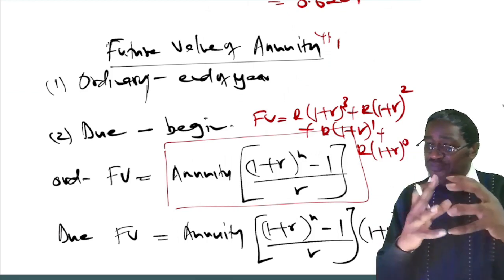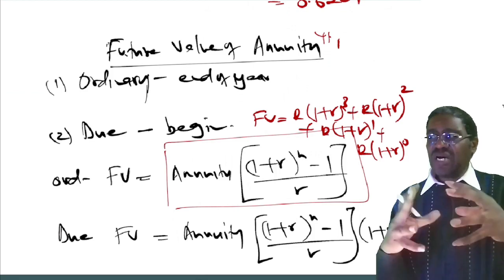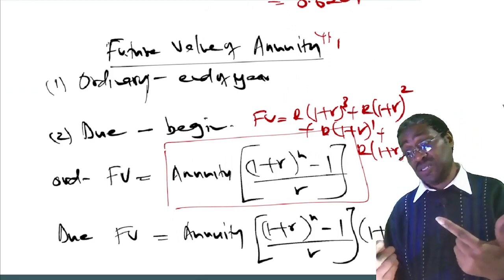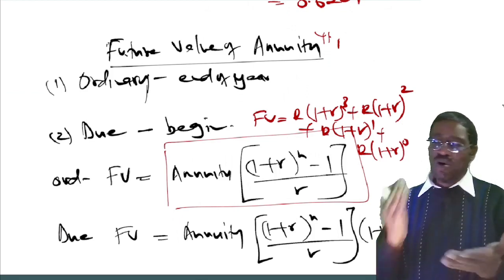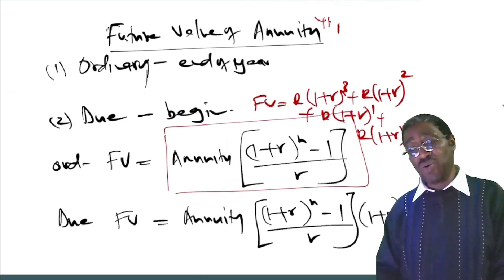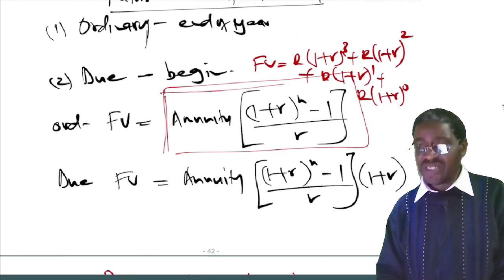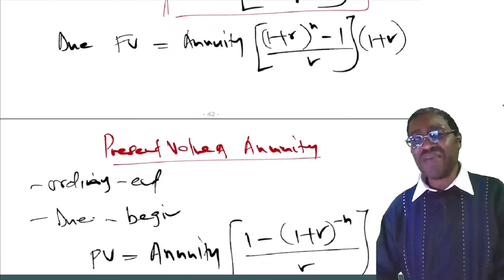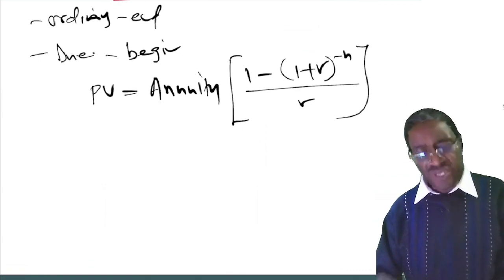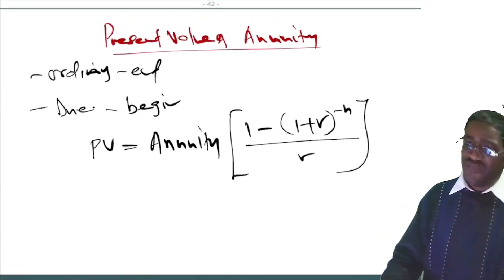So that is, if the question is one where the examiner has given you annuities for a few years, you can use the normal formula of 1 plus R to the power of n if you can't remember these long formulas. Now listen, the same thing also applies for annuity when you want to get the present value.